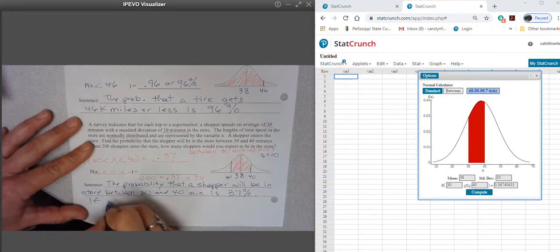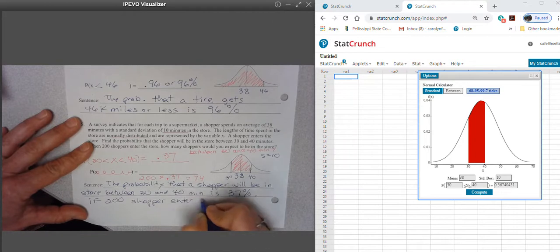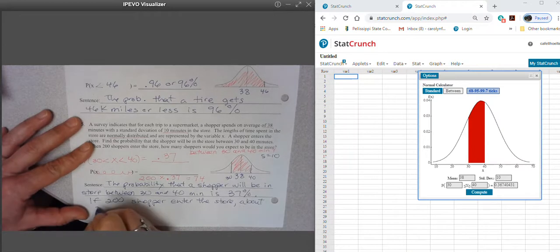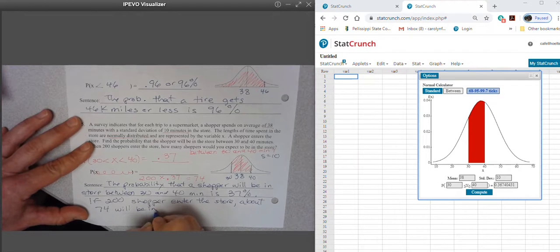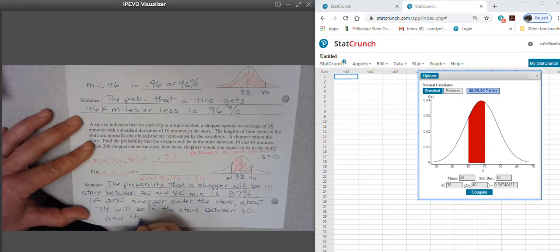If 200 shoppers enter the store, about 74 will be in the store between 30 and 40 minutes.